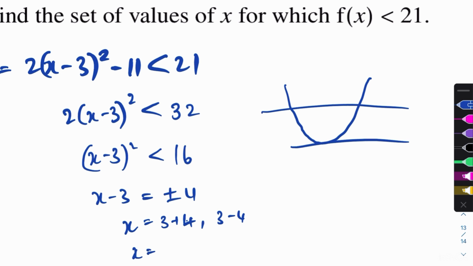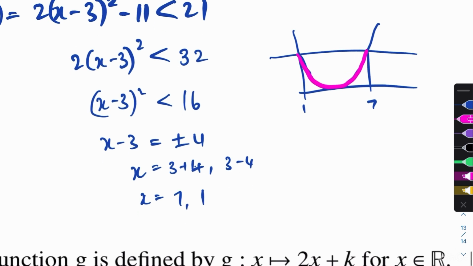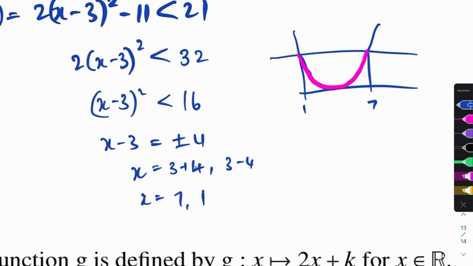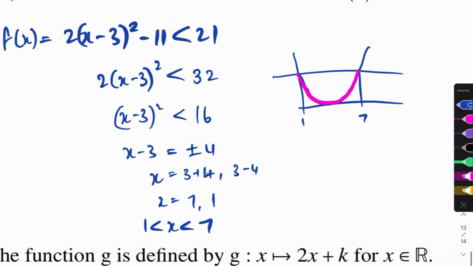So x is going to equal 7 and 1. So we know that it's 1 here and 7 here, and we want it to be between these values because it's lower than. So that will be 1 is less than x, which is less than 7. And there's our values.